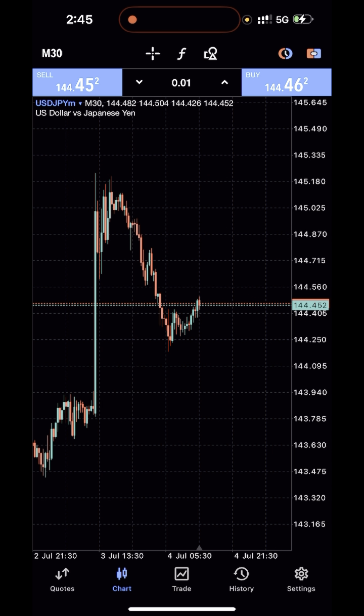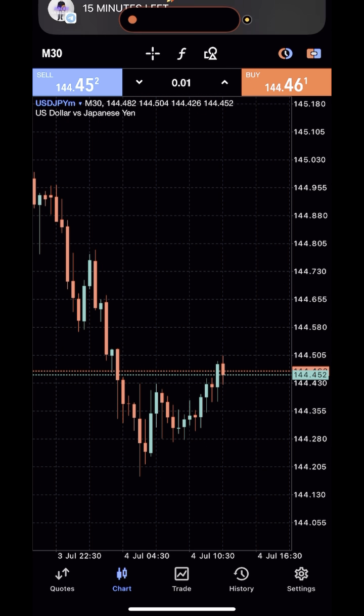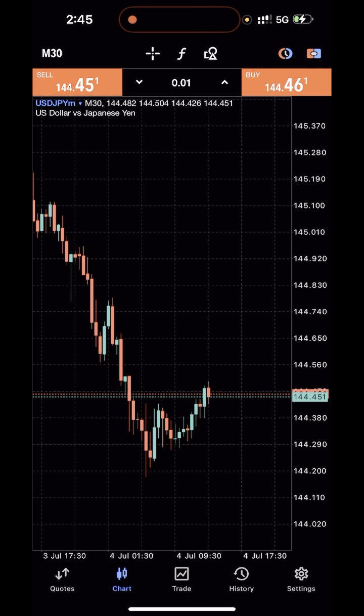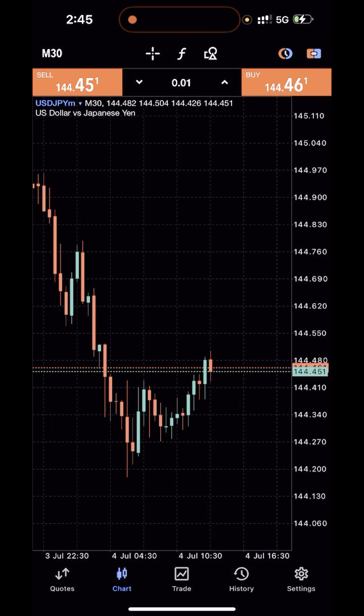Then if you click on sell, or if you tap on buy, this is a live account, so that's why I'm not tapping on it. But let me just do it so that you see.